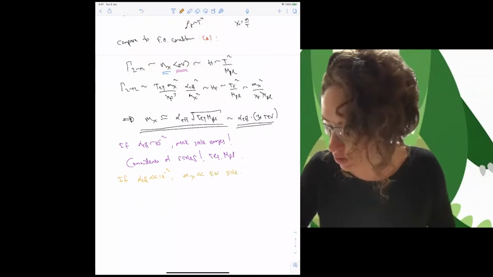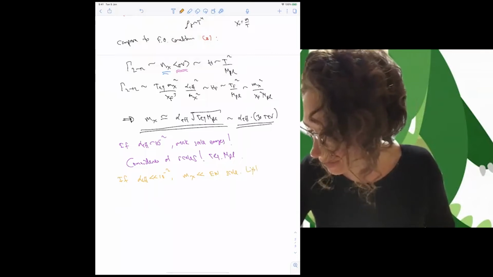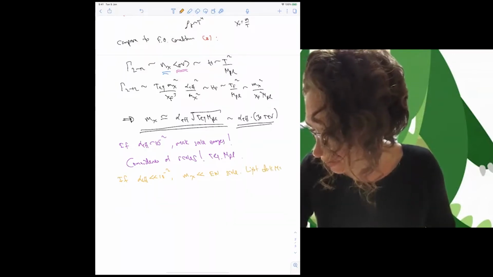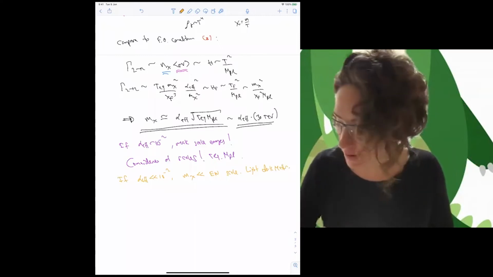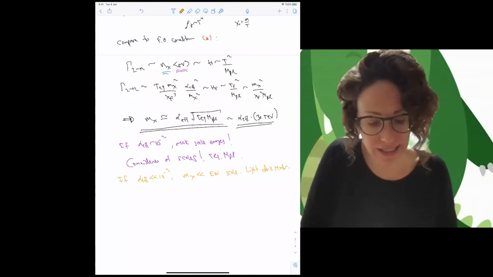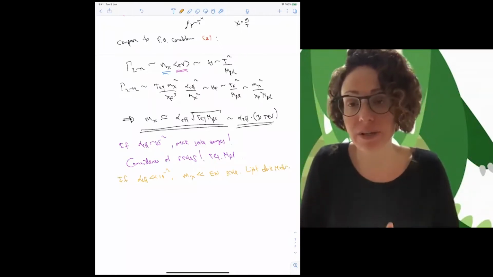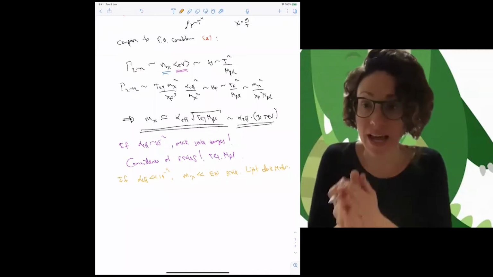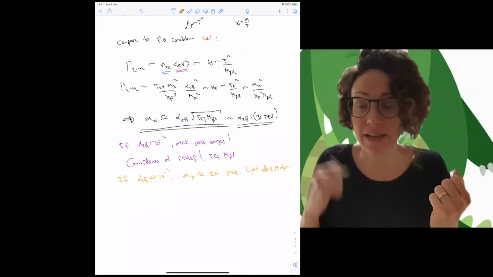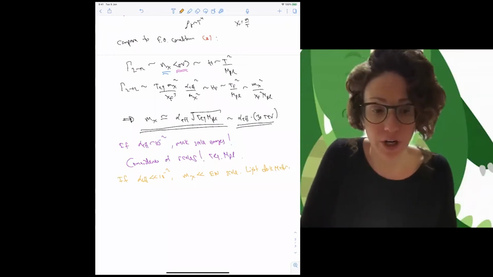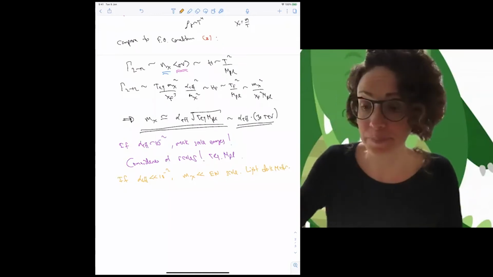So this can also give us light dark matter very easily, the exact same mechanism, just looking at a different regime of the couplings. So this is our back of the envelope estimate, which gives us a relationship between the mass and the coupling, such that we get the amount of dark matter that we observe in our universe today.